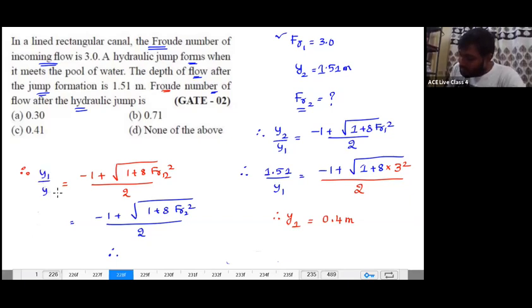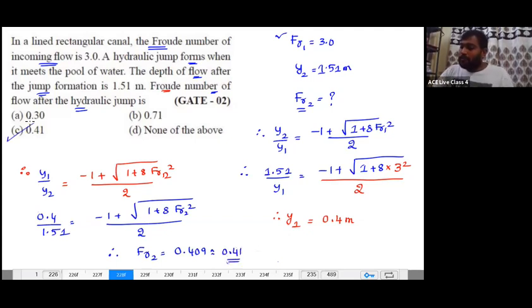Y1 is 0.4, Y2 is 1.51. So 0.4 by 1.51 into 2 plus 1 square minus 1 by 8. So the answer, Froude number FR2 is equals to 0.409. So you can take it as 0.41. The answer is going to be C.